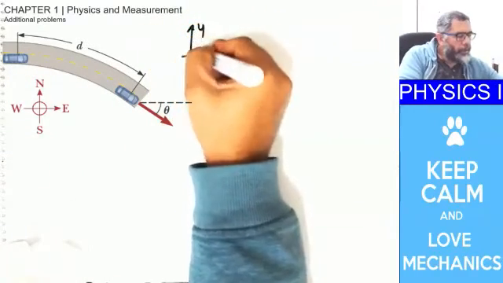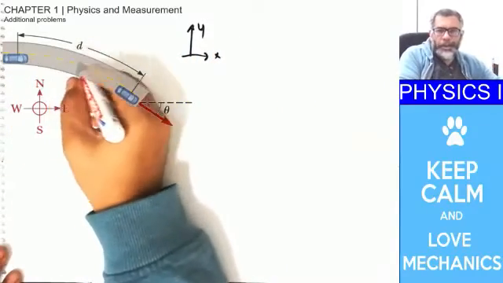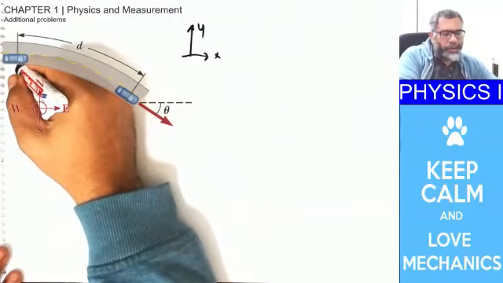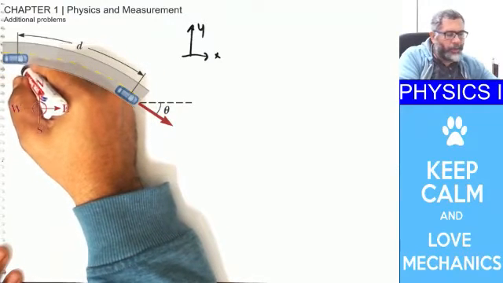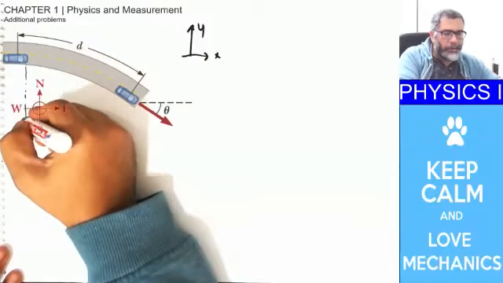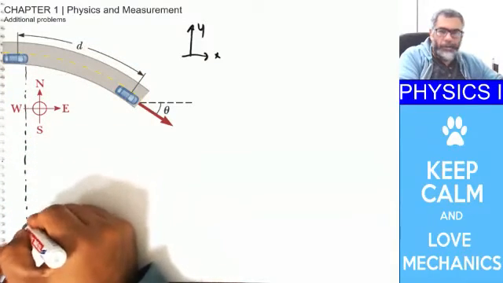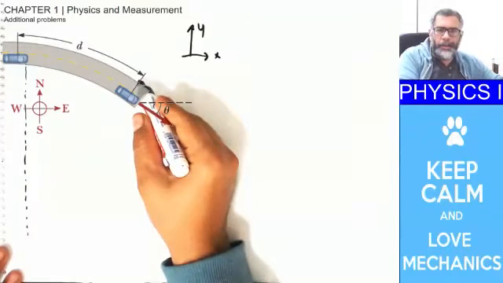This is y and this is x. So this section is the arc of a circle. For this, you can just draw a straight line from the initial position of the car, like this. And this is the final position of the car after it goes a distance d.